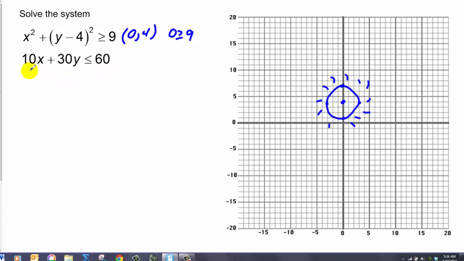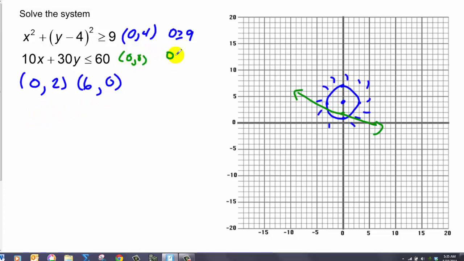And then once again, I'm going to use intercepts. If I set x equal to 0, y value is 2. If I set y equal to 0, my x value is 6. And then I can go ahead and graph those points, connect those dots, and test the point 0, 0.